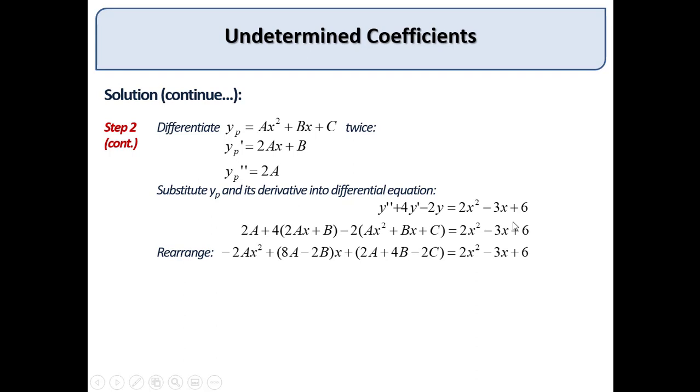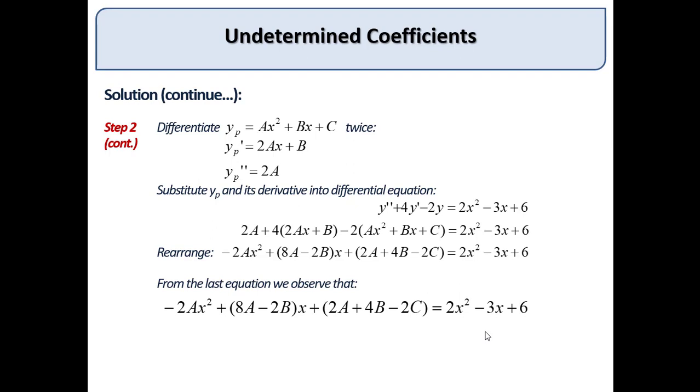Then when we rearrange the equation, for x squared we have negative 2a equal to 2, 8a minus 2b equal to negative 3, and 2a plus 4b minus c equal to 6. I believe up until this point, this is quite simple. You can actually solve the equations.